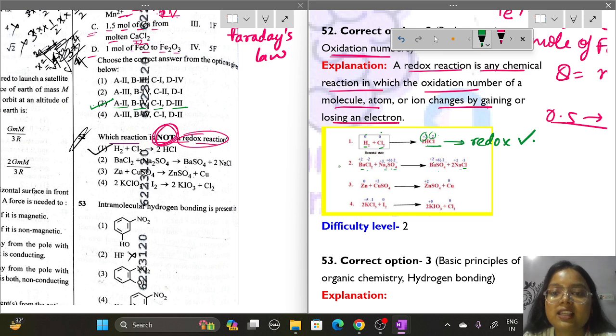So here in this case, the oxidation number of chlorine seems changed, so it seems to be a redox reaction.